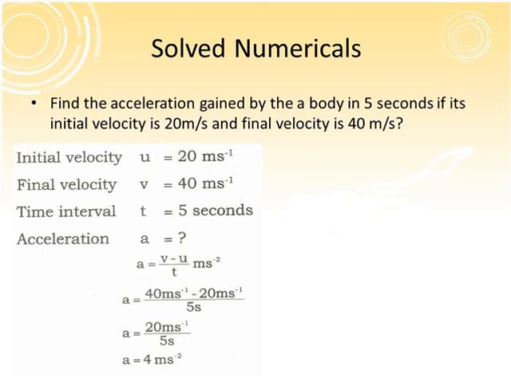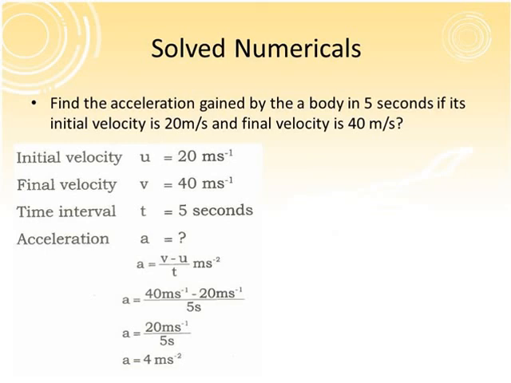You see, all the letters are in lower case. So the formula is acceleration is v minus u divided by time, or we can say acceleration is final velocity minus initial velocity divided by time.